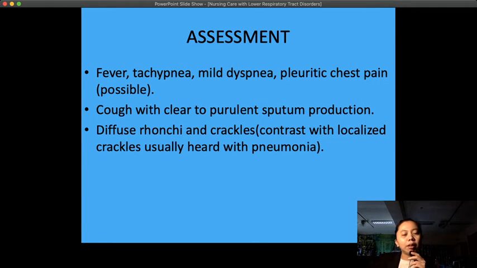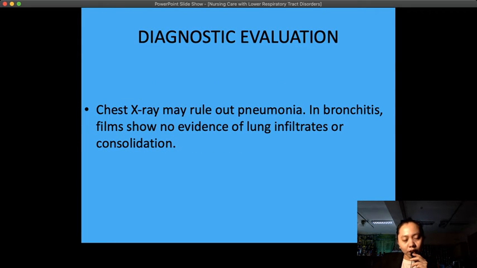Okay, so assessment: fever, tachypnea, mild dyspnea, pleuritic chest pain, and then cough with clear to purulent sputum production, diffuse rhonchi, and crackles. Contrast with localized crackles usually heard with pneumonia. Diagnostic evaluation: chest x-ray may rule out pneumonia.